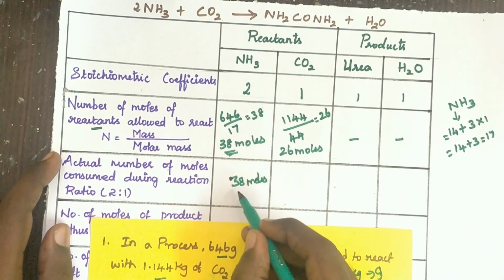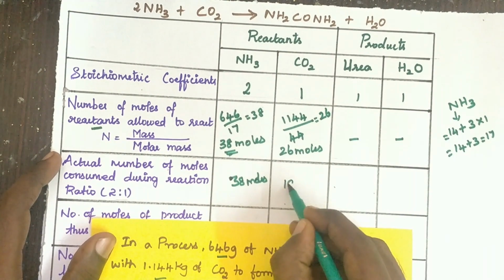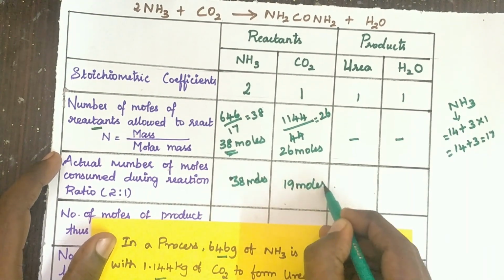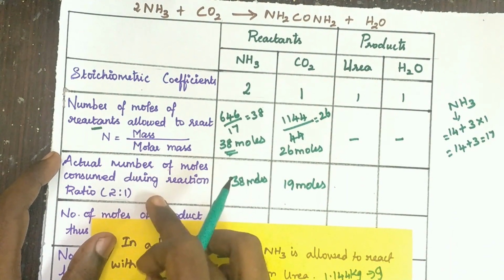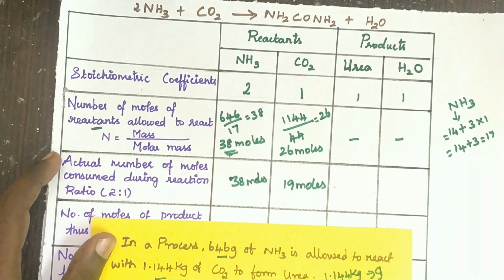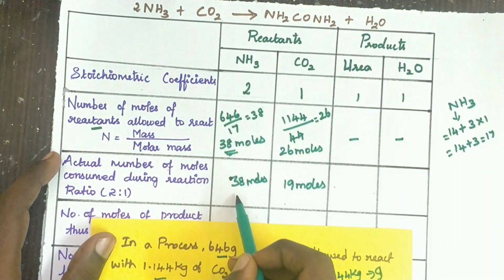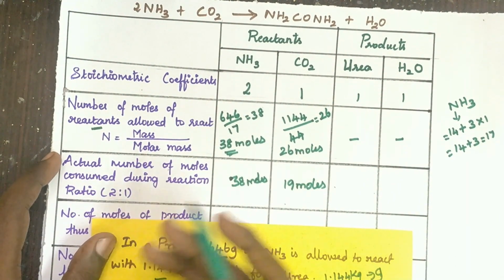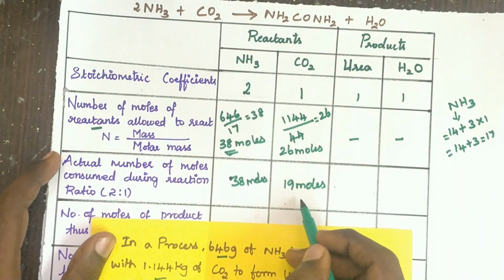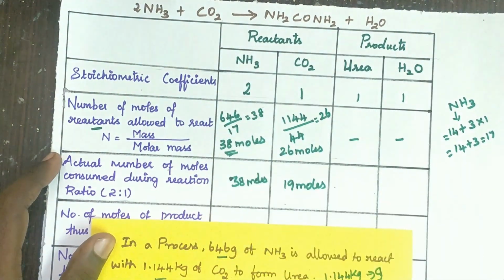Half of 38 is 19 moles. Remember the ratio 2:1: first consider the 38 moles, and half of this gives 19 moles for CO2.